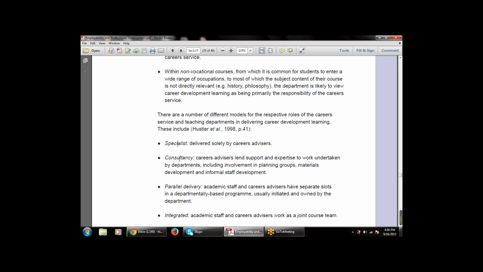Then the parallel delivery, then the integrated. So these are the four models used in delivering career development learning: specialist, consultancy, parallel delivery, and integrated.